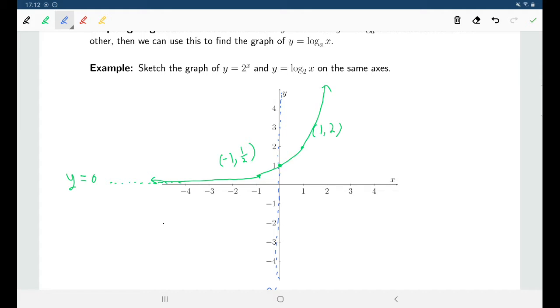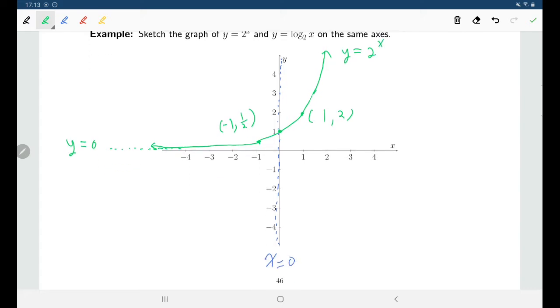That's fine here, because what's crossing the vertical asymptote is the graph of 2 to the power of x, which doesn't have a vertical asymptote. It's the graph of log base 2 of x that will have a vertical asymptote. So there we go.